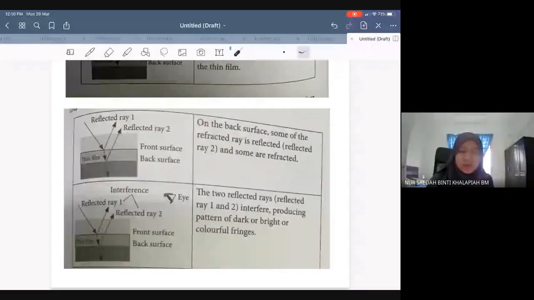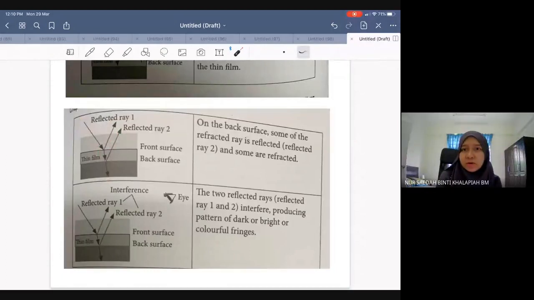Okay, so ini bahagian at the back of the surface kan, sebab tadi yang dari incident ray yang pertama sebahagian dipantulkan, sebahagian dah masuk dah. So daripada yang masuk dalam thin film tu, sebahagiannya dipantulkan keluar dan sebahagian pun masuk ke dalam the third medium.